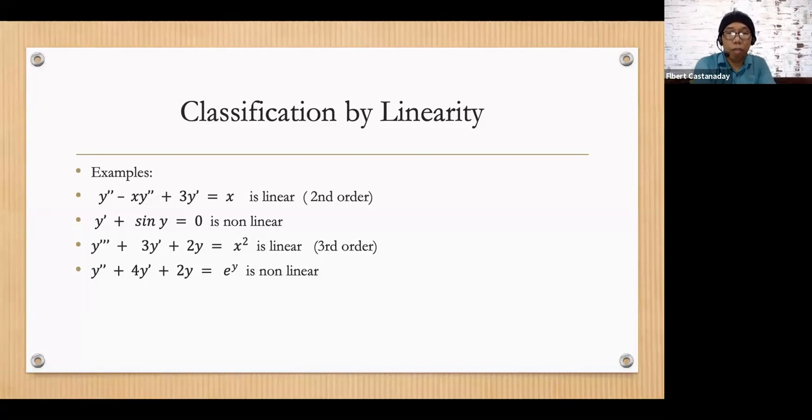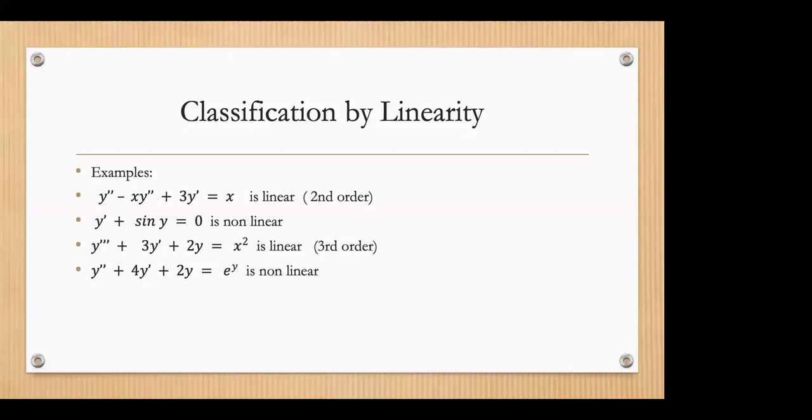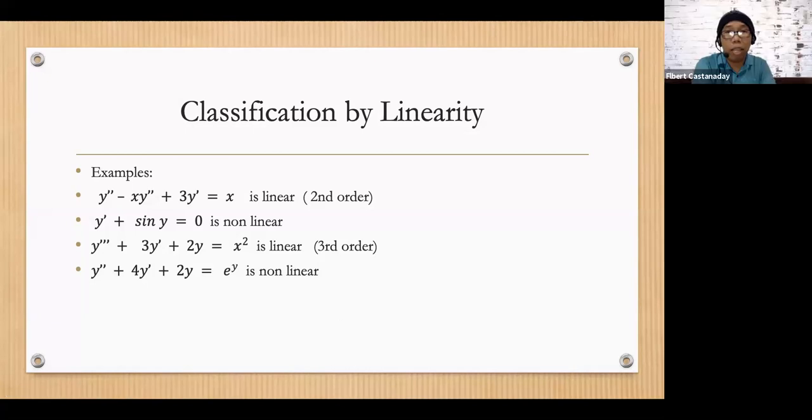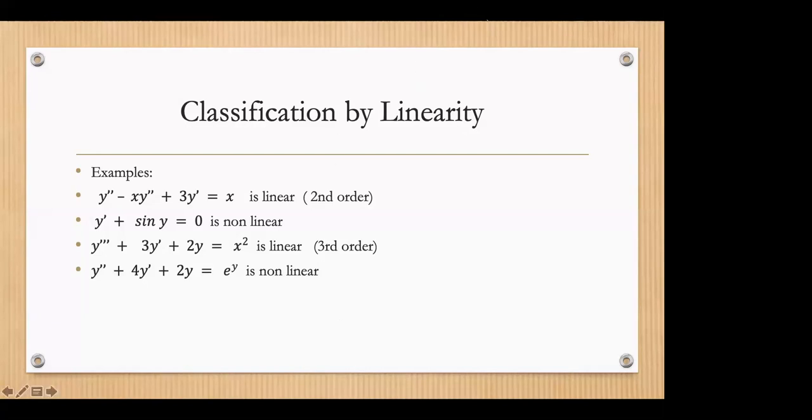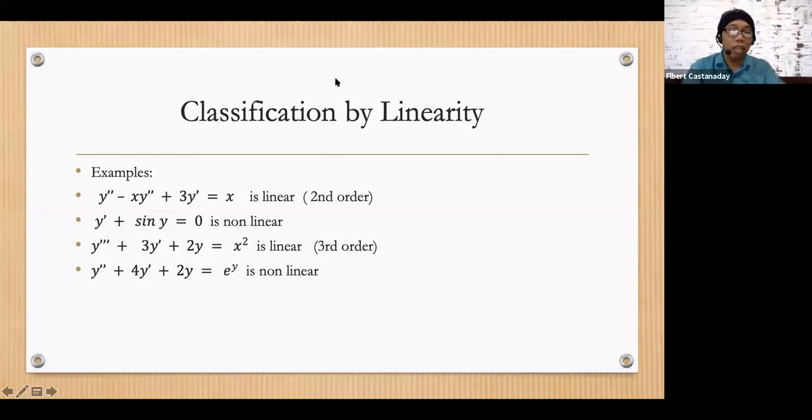Anybody? Linear, sir. Linear, right? Because the dependent variable is not involved in the exponential function, but rather the independent variable. Who is that? What's your name? Sandro Cardoso. Okay, Sandro. Good, Sandro.